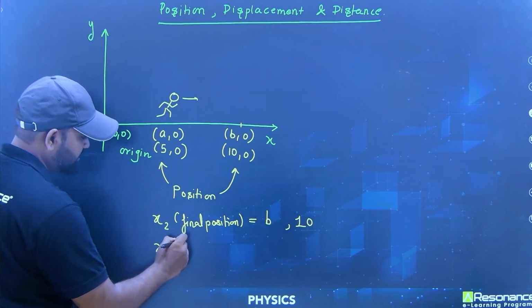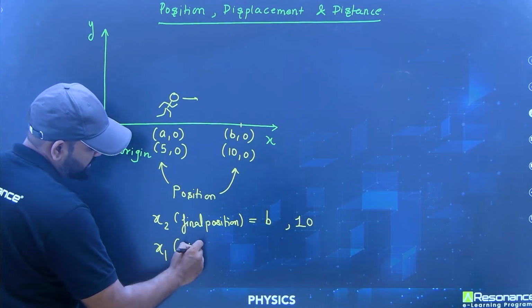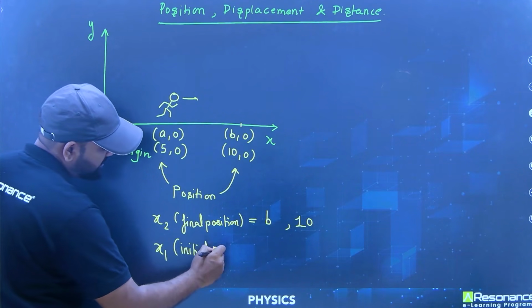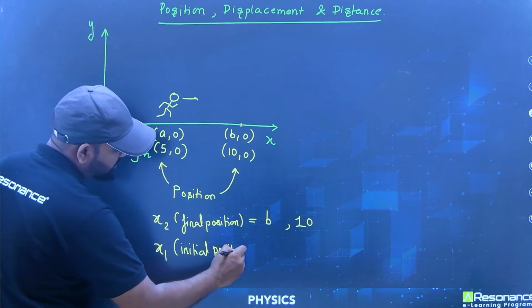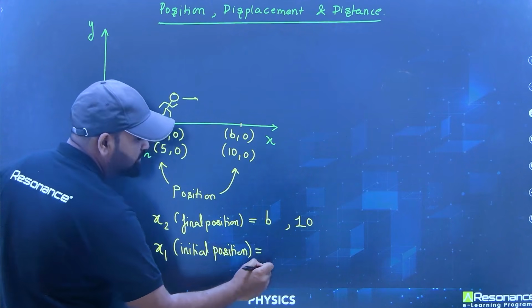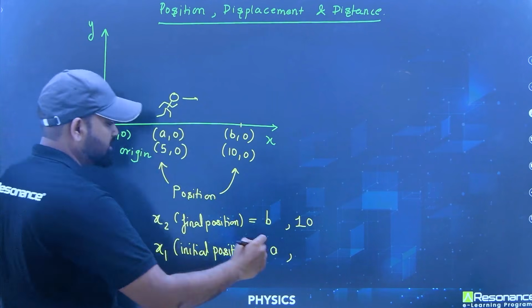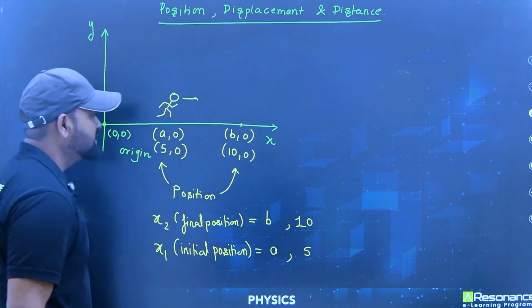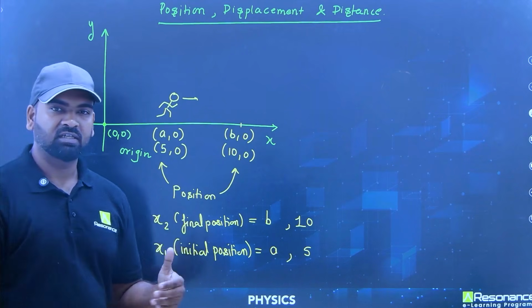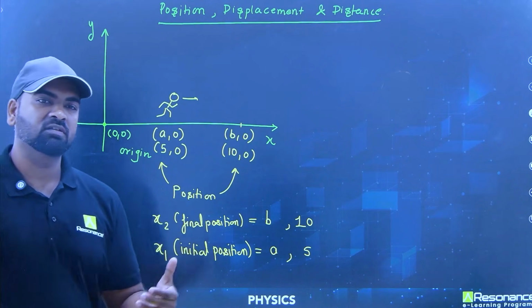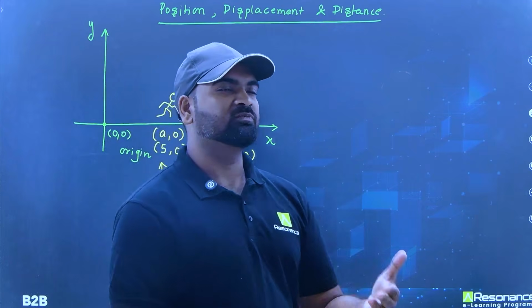And x1 is the initial position, which again if you use a variable is a, or if you use a number is 5.